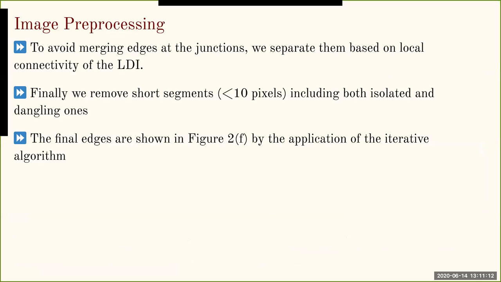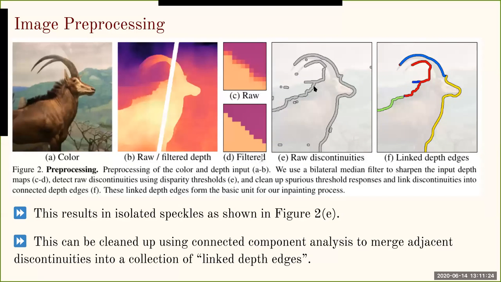To avoid merging edges at junctions, we separate them based on the local connectivity of the LDI. Finally, we remove short segments of less than 10 pixels, including both isolated and dangling modes. Suppose we consider this part of the window, a 7x7 window.